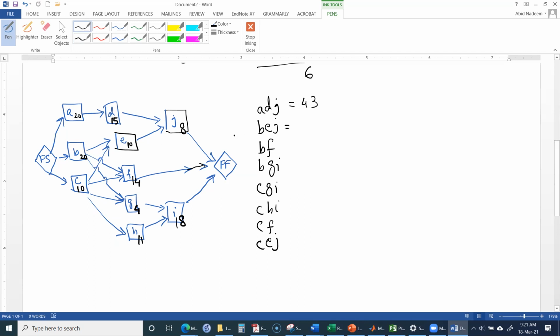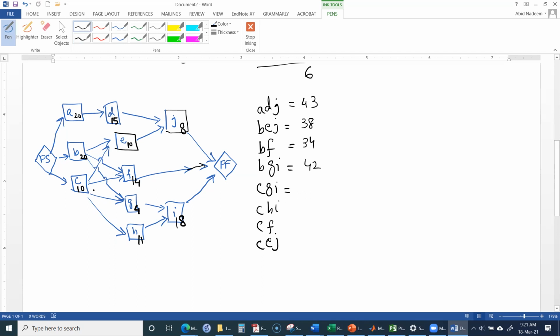BEJ will be 38. BF will be 34. BGI will be 42.